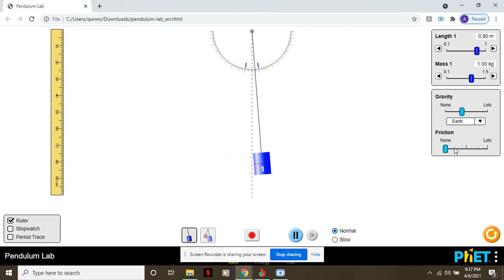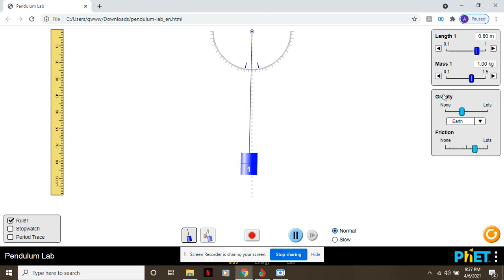But I can increase the force by just sliding this. And already you can see the effect. The pendulum is slowing down and eventually comes to a standstill. So by moving the friction slide, you can increase the friction, the amount of air resistance that the pendulum feels, or you can reduce it further.